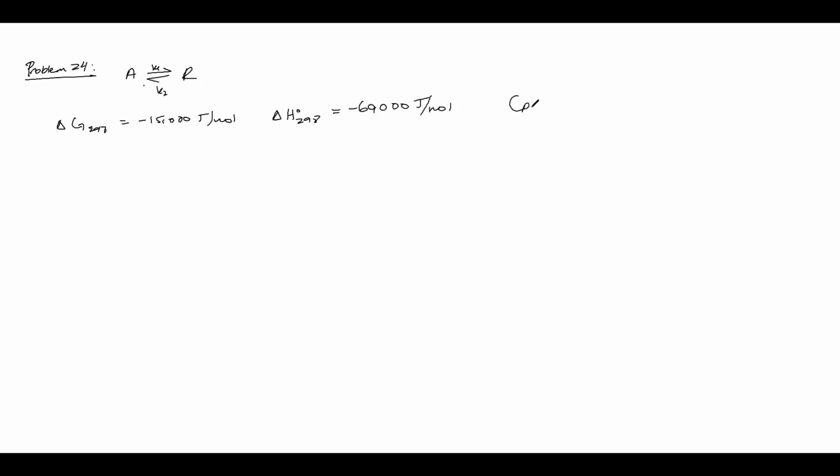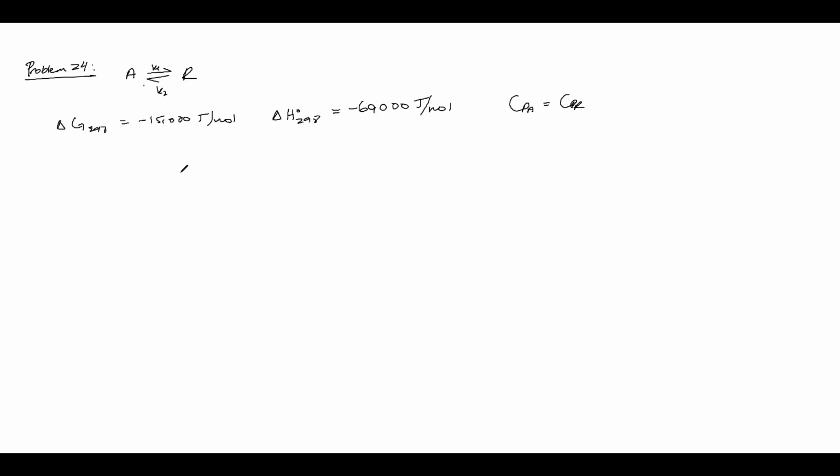Let's do it properly, give ourselves some space. I'm given A going to R with rate constants K1 and K2. I'm given two parameters: delta G at 298 is equal to minus 15,000 joule per mole, and delta H naught at 298 is minus 60,000 joule per mole. And you're also told that CPA is equal to CPR.